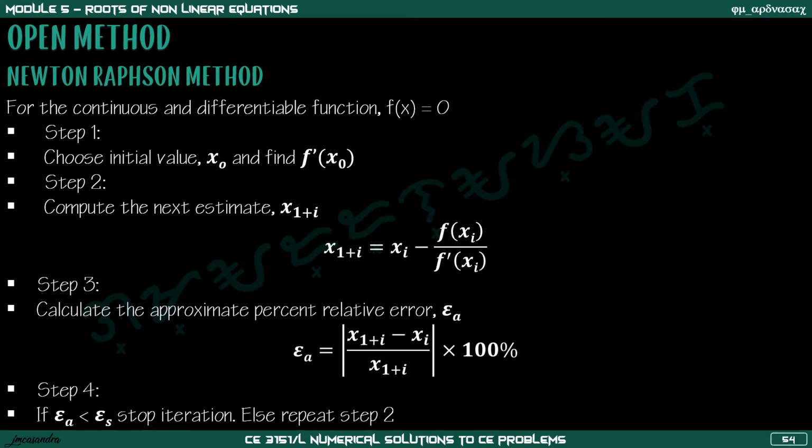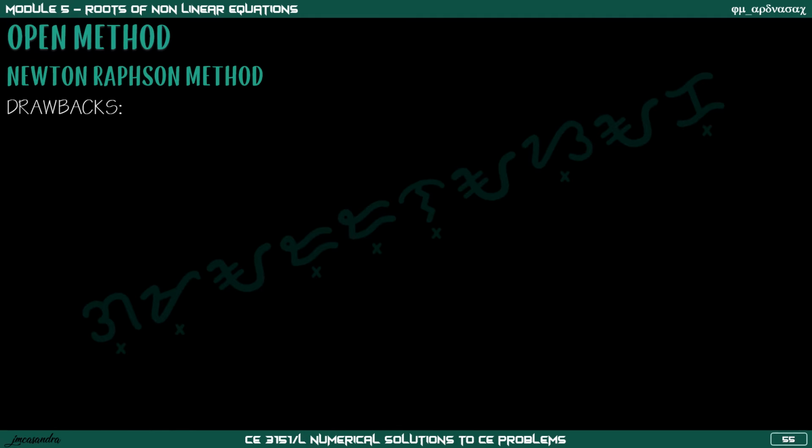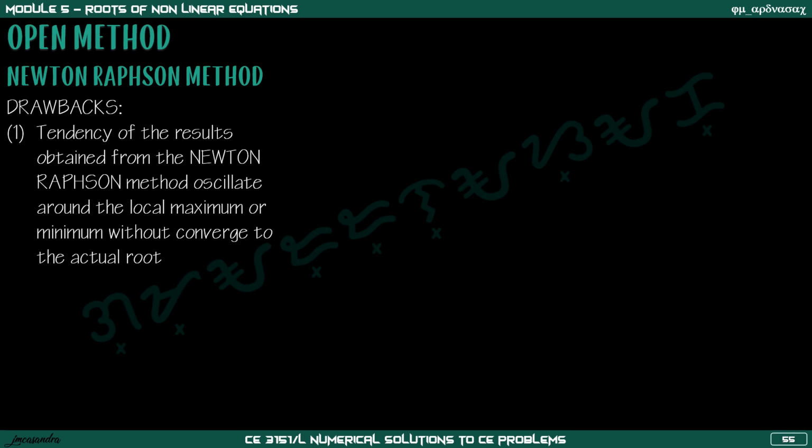To consider, the Newton-Raphson method will also have its drawbacks or disadvantages. This includes the tendency of our results to oscillate around a local maximum or minimum without converging to the actual root.